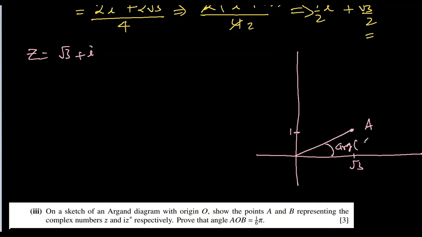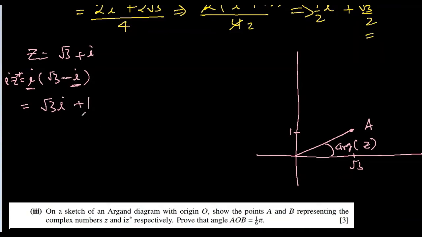Okay, now B is iz star rather, so it will be i times square root 3 minus i. So it becomes square root 3 i, and i times i is minus 1, and this minus will make it positive.